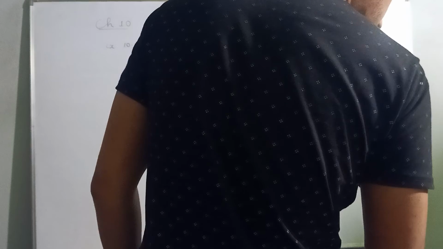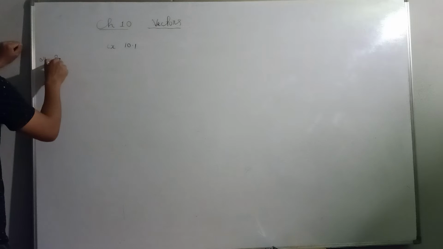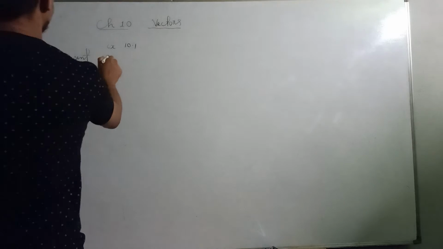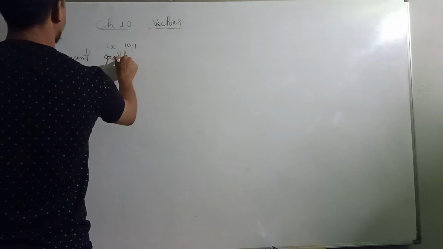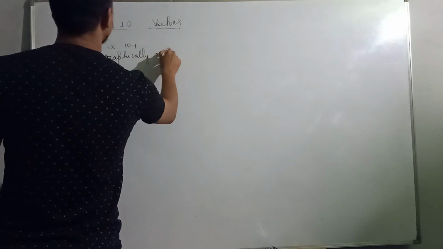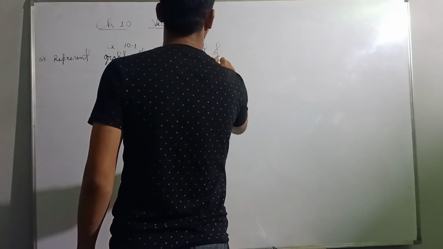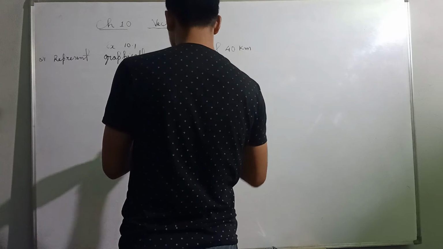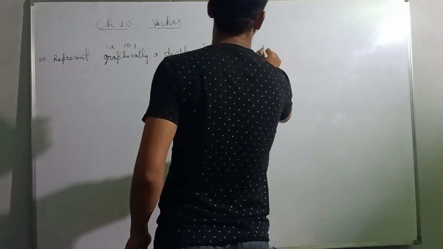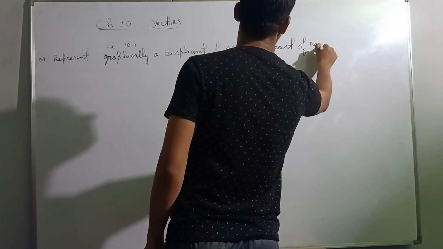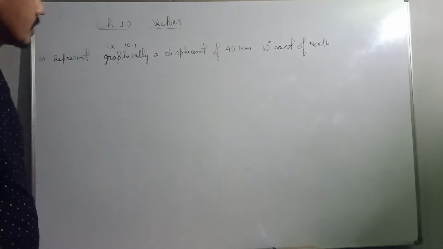Represent graphically a displacement of 40 kilometers, 30 degree east of north. That's just what we have studied in vectors. Okay, it's very easy.